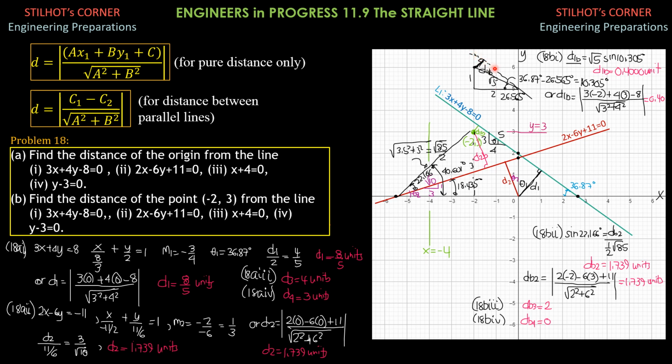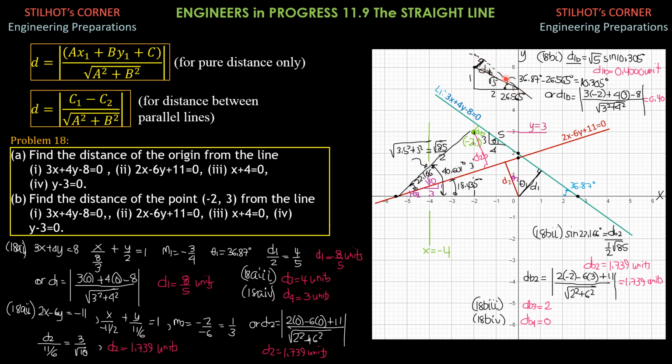Then, this is the line 3x plus 4y minus 8 equals 0. It makes an angle with the horizontal of 36.87, remember. Then for this right triangle, opposite to this angle is 1, adjacent is 2. Inverse tangent of 1 over 2 is 26.565 degrees. So we isolate this right triangle.